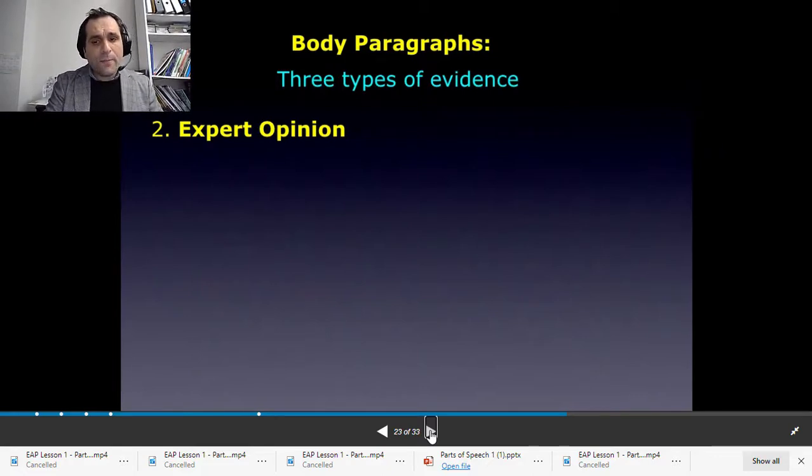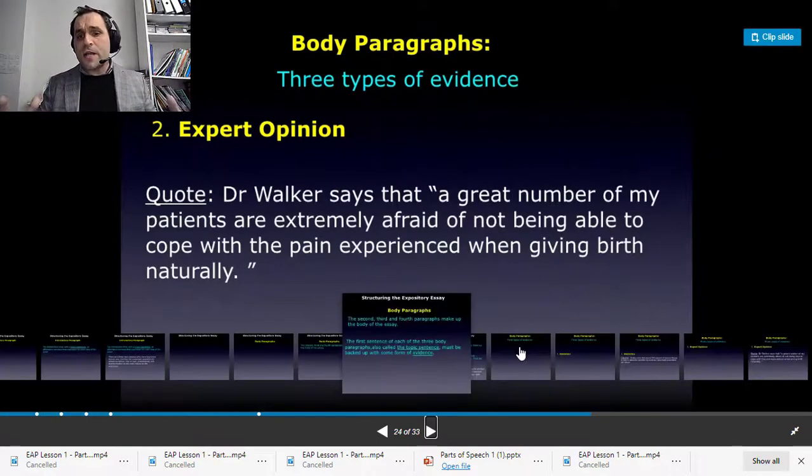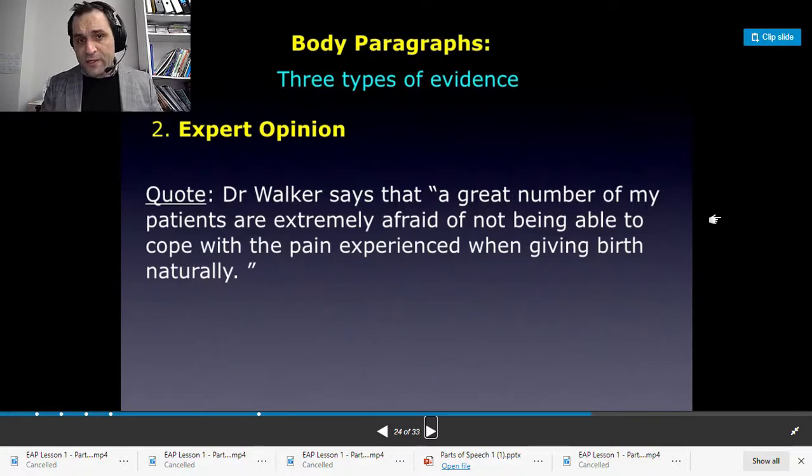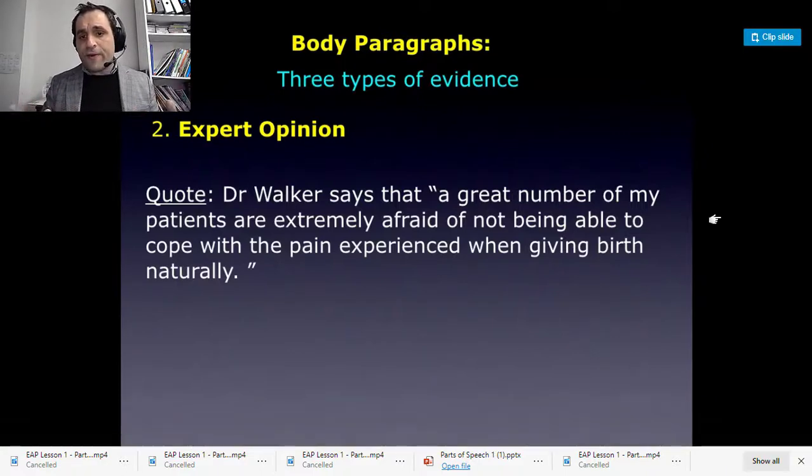And here's an example of expert opinion. Dr. Walker says that a great number of my patients are extremely afraid of not being able to cope with the pain experienced when giving birth naturally. So now it's not only my opinion that I'm saying, well, 35% of women are afraid of the pain. No, it's actually Dr. Walker's opinion.